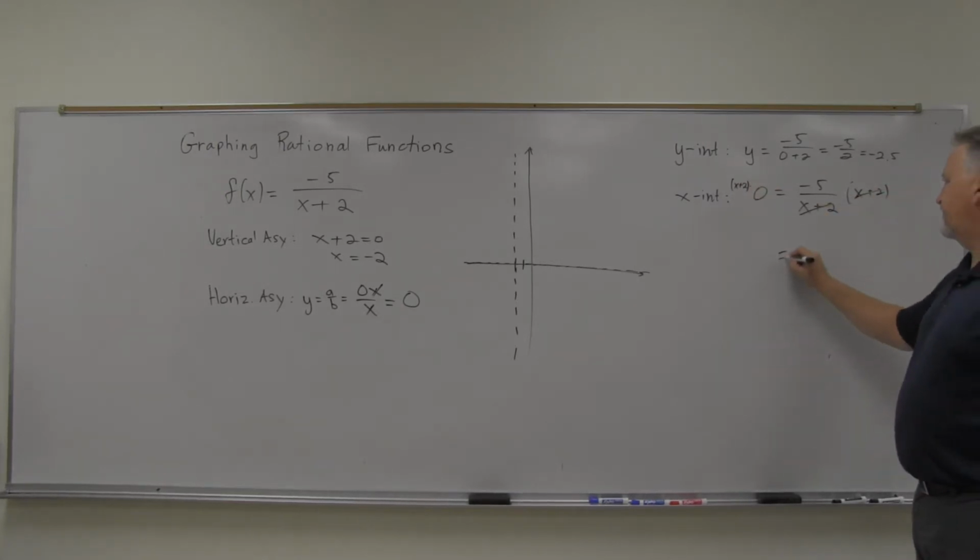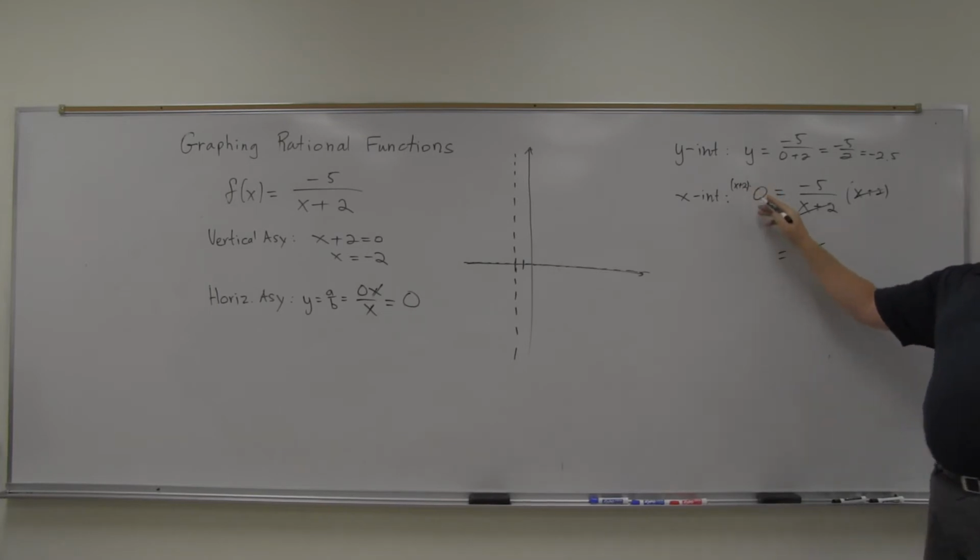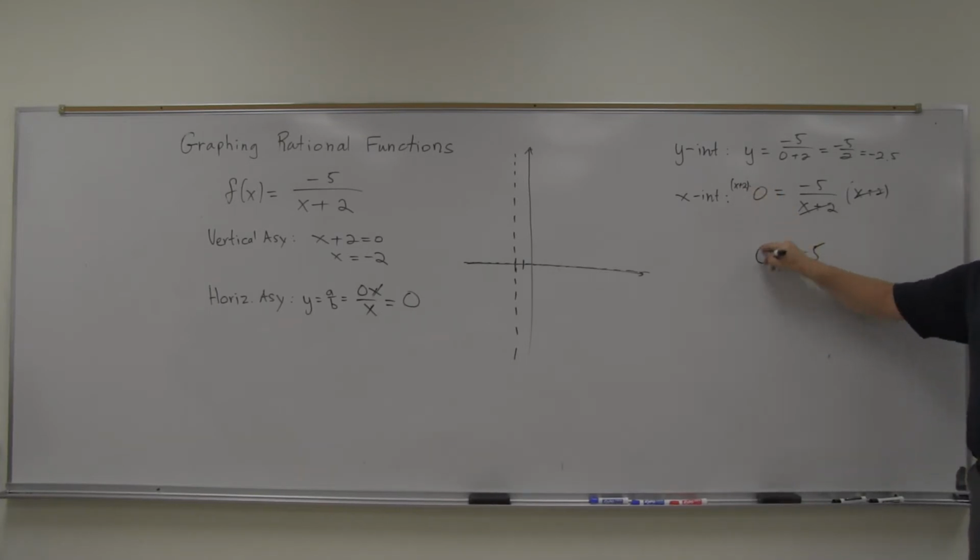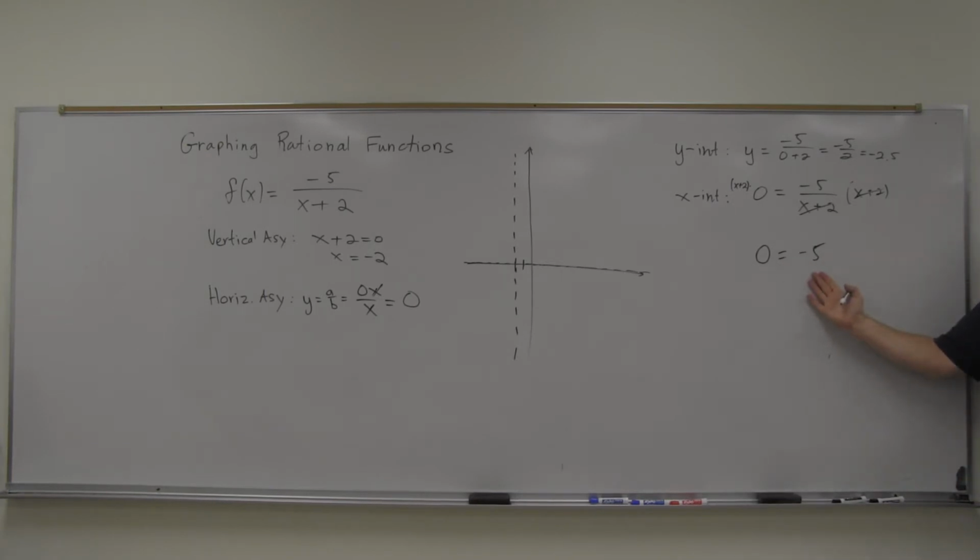That'll cancel, and this side will be -5, but this side is 0. What do we got? It's +5. It cannot. That's an equation that is false, isn't it? You've got 0 equals just a number, -5. In other words, there's not an x there to solve for. That can't happen. There's no solution there.